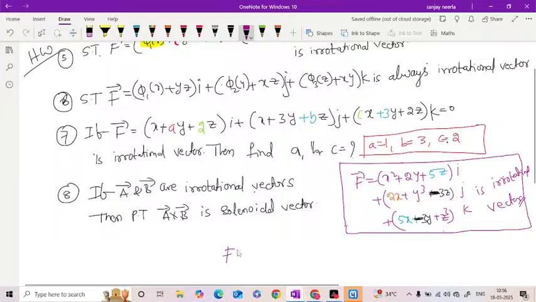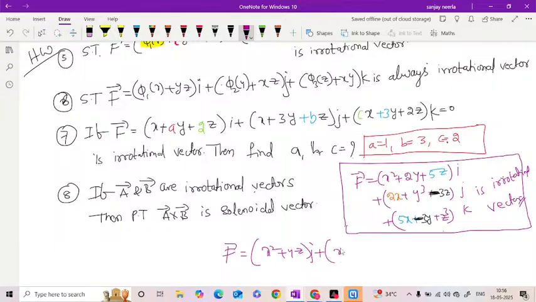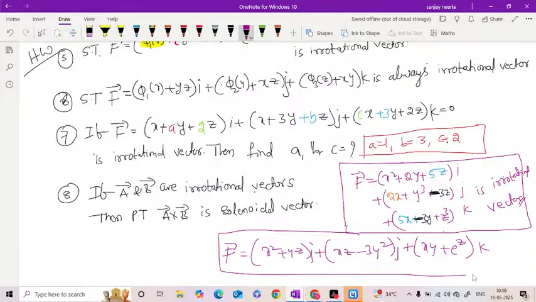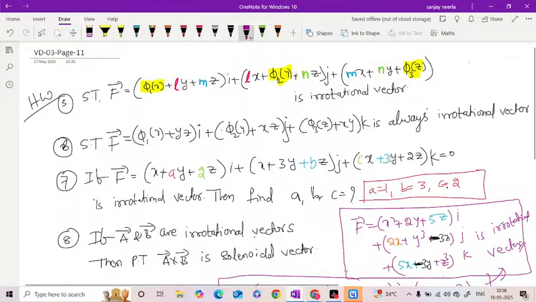So here also we can generate many vectors. So x square and yz plus xz minus 3y square j plus xy plus e power z. So this one also is always an irrotational vector. Like that we can generate many irrotational vectors. Okay? So from the fifth and sixth one we can easily generate many irrotational vectors.